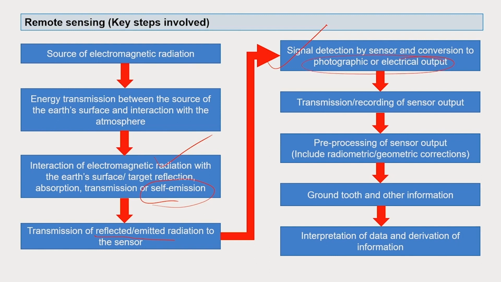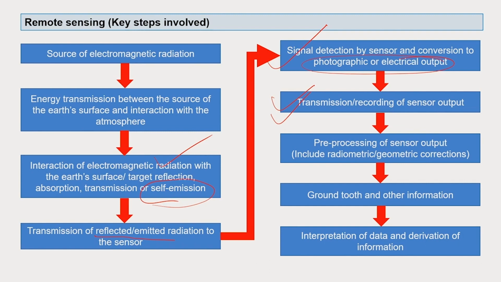Once that photographic or electrical output is ready, transmission takes place, and then it gets recorded as output from the sensor. Then once the output comes out, where does it go?